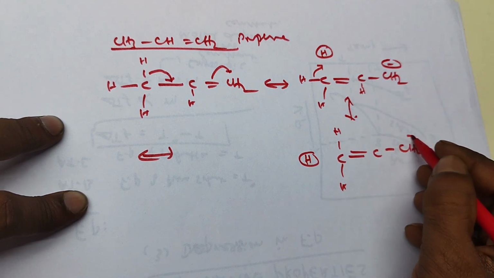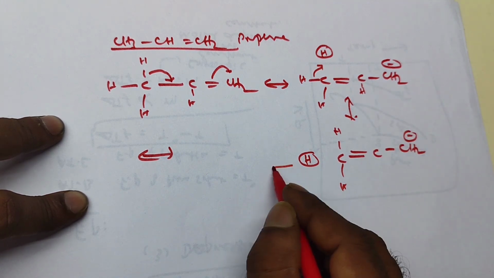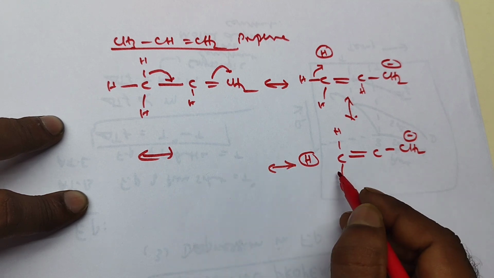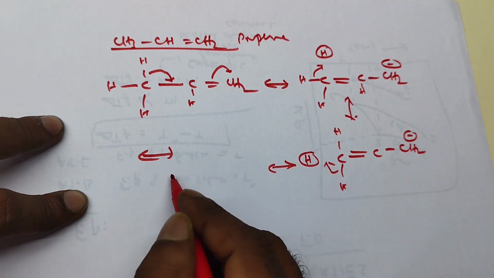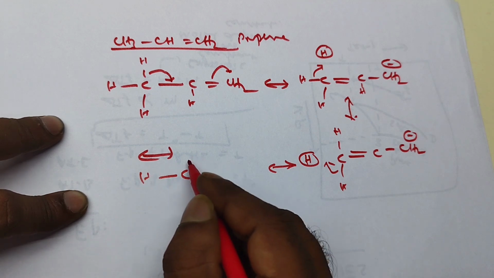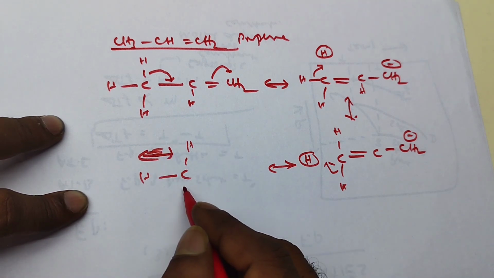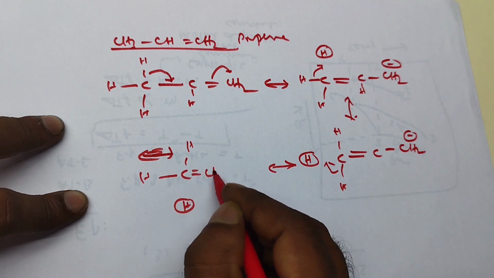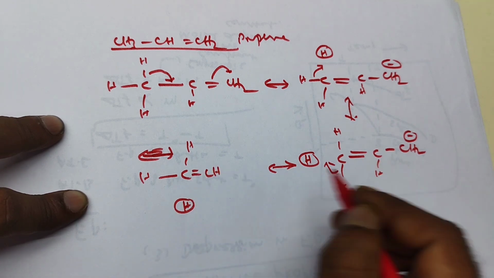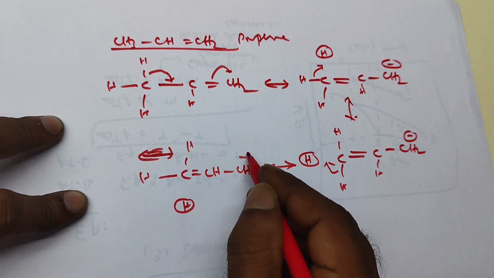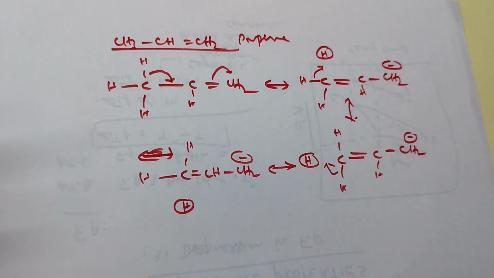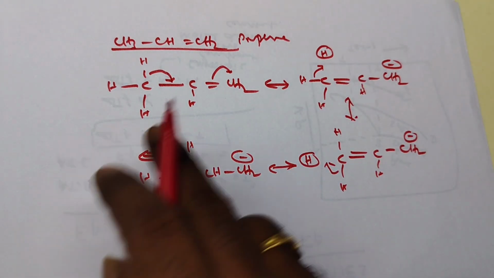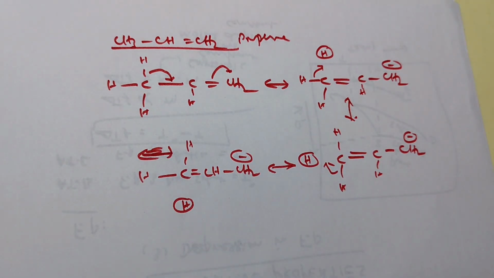If you write another structure, it will form like this: carbon, hydrogen, hydrogen. These three hydrogen atoms have resonance structures, and this makes the structure more stable.